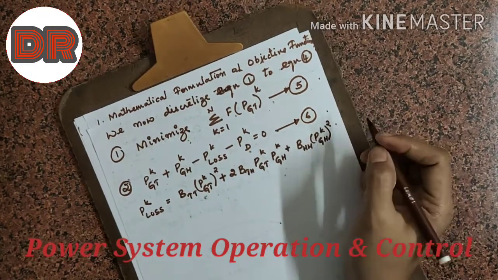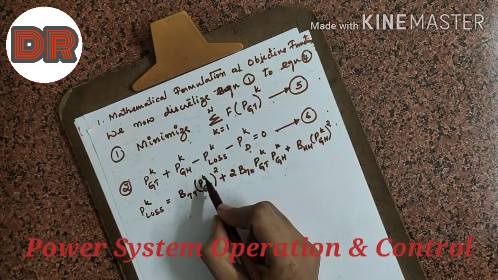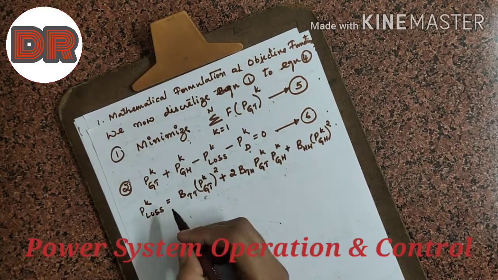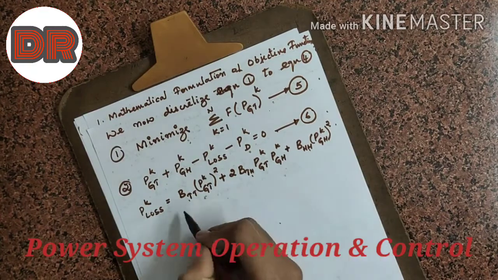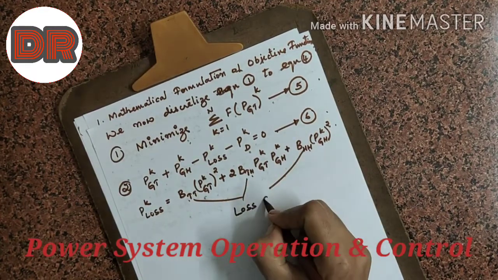So this is the power loss equation. Since we are discretizing it, I am taking here K, where BTT, BTH and BHH are loss coefficients.